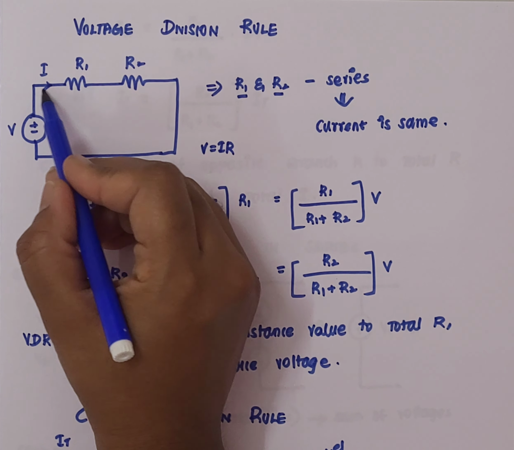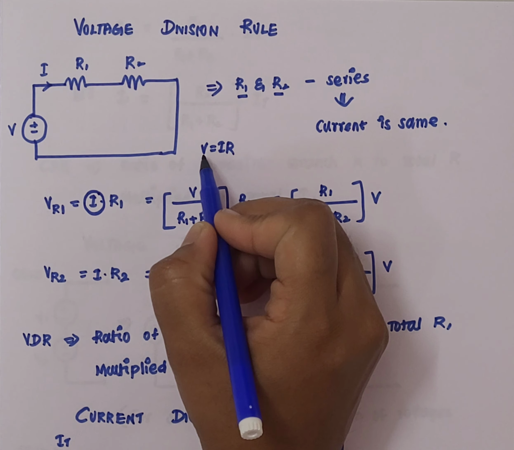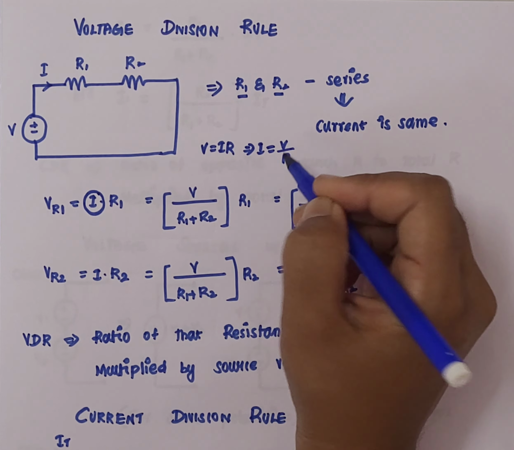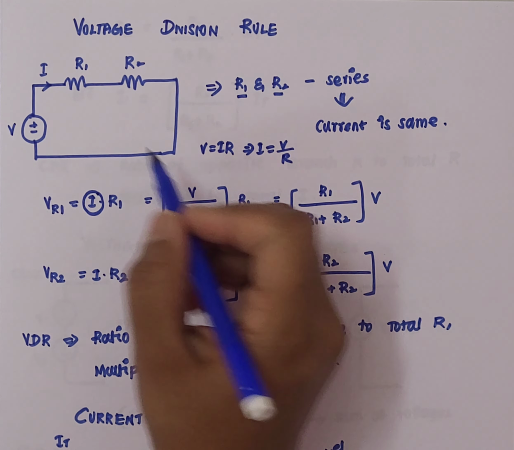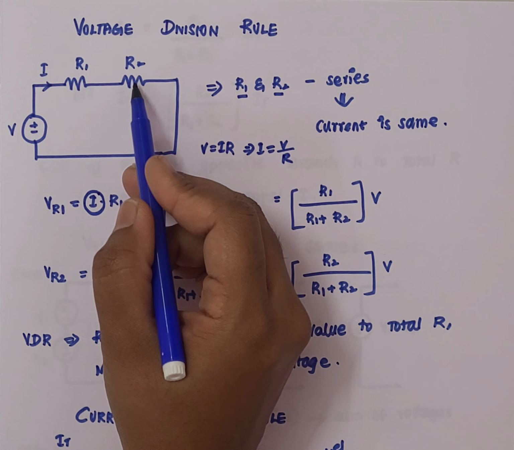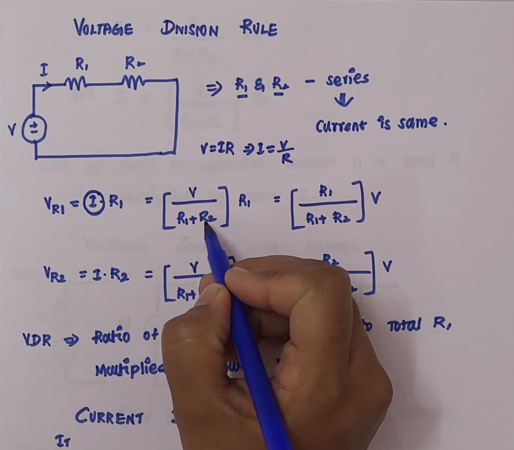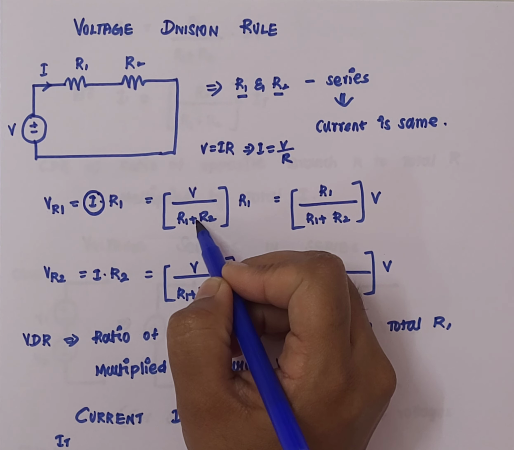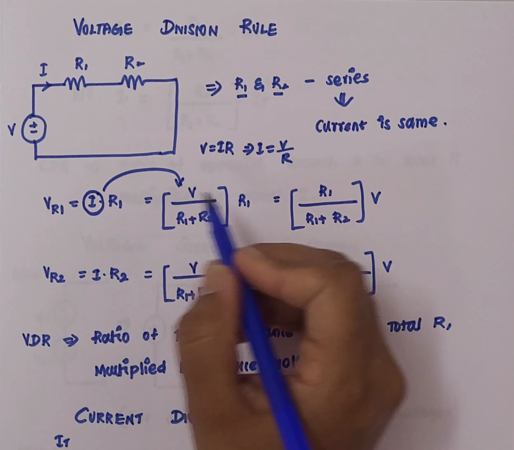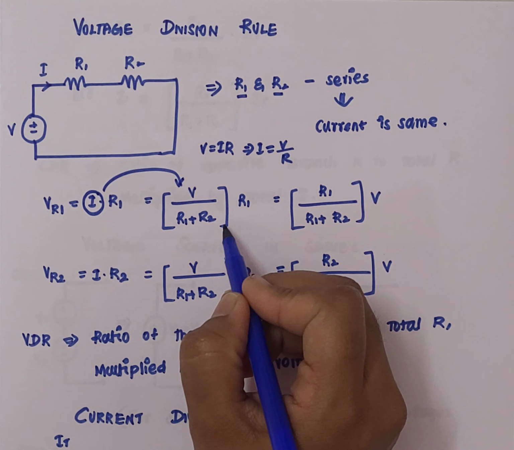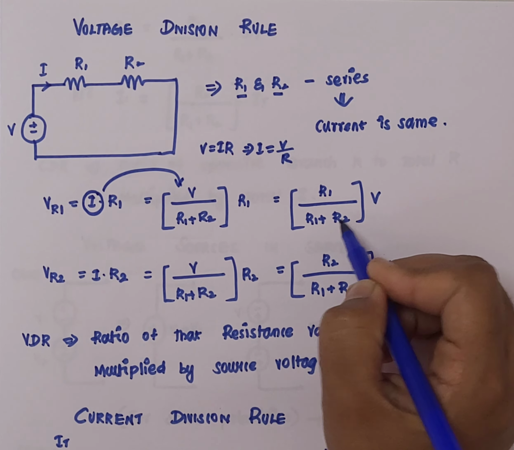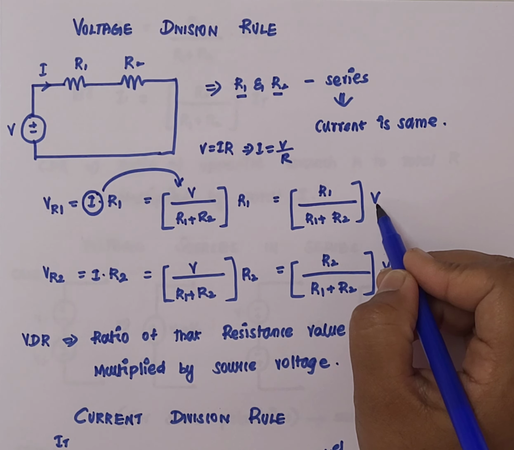The current flowing through is I, so from this equation we can write I as V by R. So V divided by the total resistance, which for two resistors in series is R1 plus R2, is written instead of I, and the remaining R1 is written here. So we can rewrite this equation as R1 divided by R1 plus R2 into V.